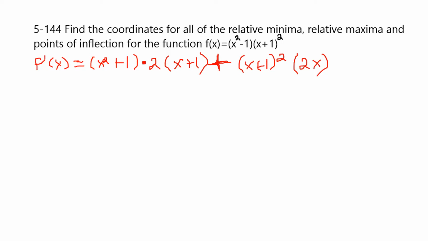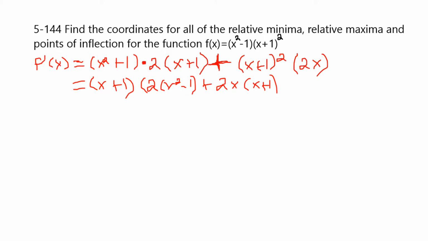We can simplify this by factoring out an x plus 1 from the first part. So it's x plus 1 times 2x squared minus 1 plus 2x times x plus 1.